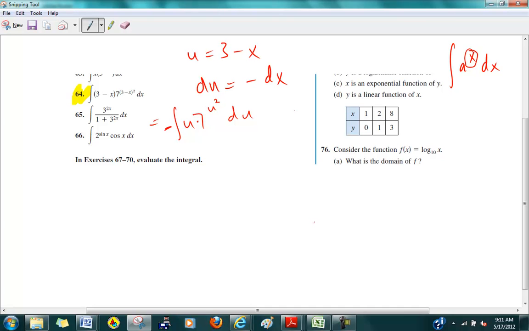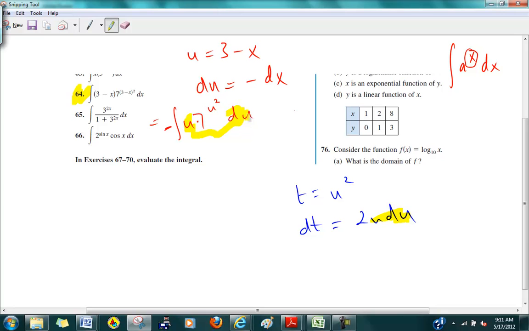What do you want to do? u squared equals t, or t equals u squared. I just told you in the beginning that this is going to be a double substitution. So here's the other substitution. If you differentiate this, you get dt equals 2u du. And the reason for doing that is, notice how you've got u du here. You've got it here as well.